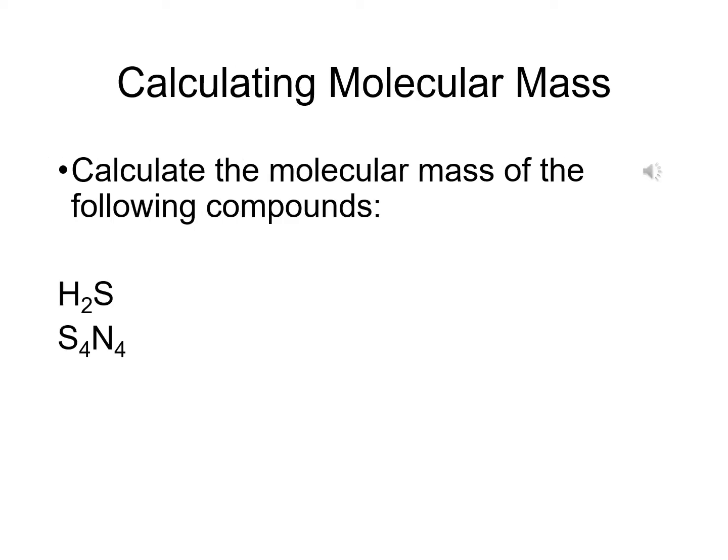On this slide, we are asked to calculate the molecular mass of these 2 molecular compounds. Remember that molecular mass is a subset of formula mass, so it's going to be calculated exactly the same way. So I'd like you to take a look and calculate the molecular mass of these 2 compounds, and when you're done, you can go ahead and click on the next slide and we'll go over them together.